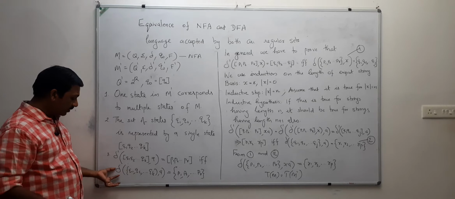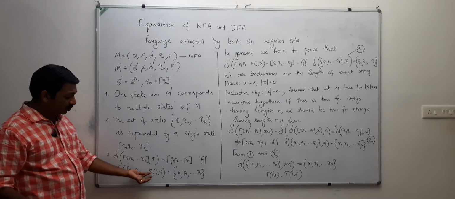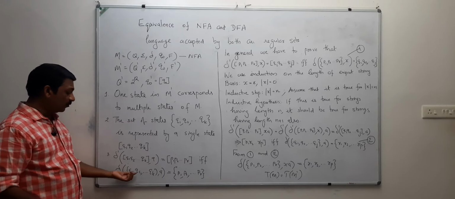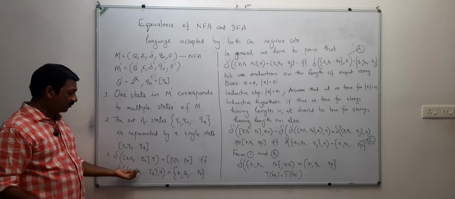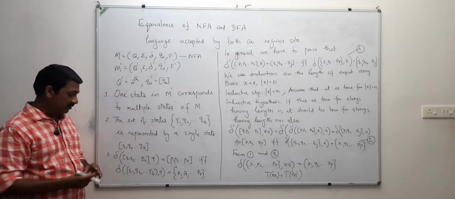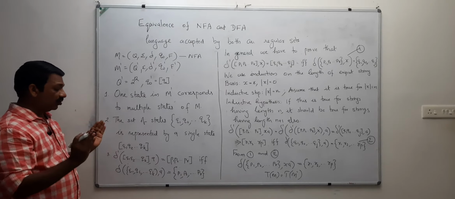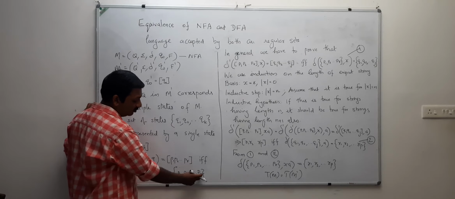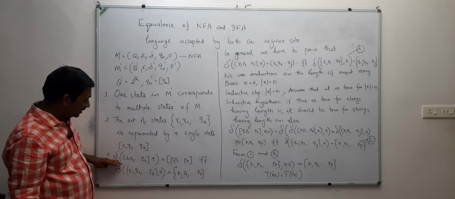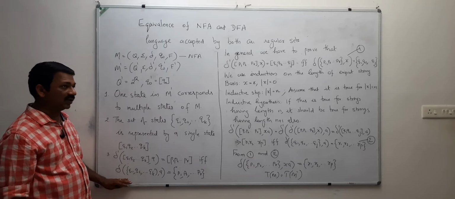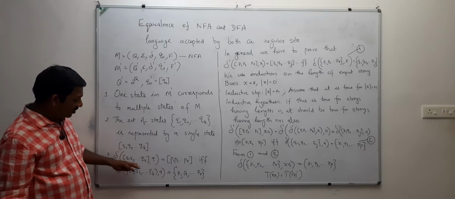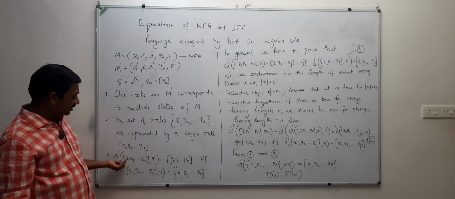Delta of Q1, Q2, etc. up to Qk on A means delta of Q1 on A union delta of Q2 on A union delta of Q3 on A union etc. up to delta of Qk on A. If the union of all those is P1, P2, etc. up to PR, these are all different states. That means delta dash is this one if delta is this one. That is our assumption. That means delta dash of this single state, which is represented by [Q1, Q2, etc.